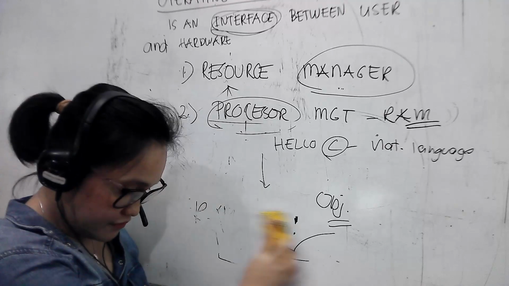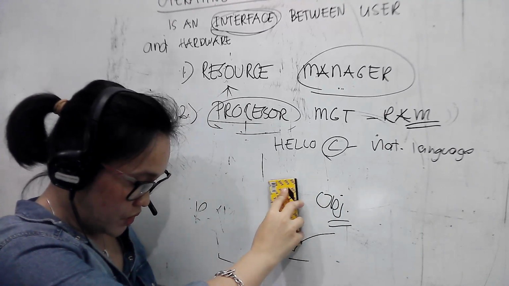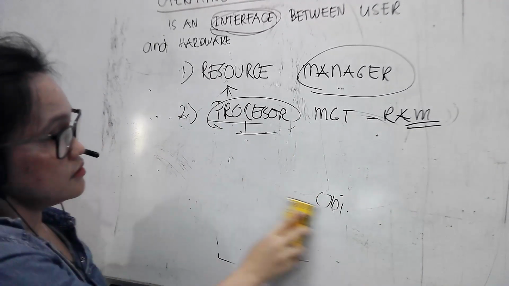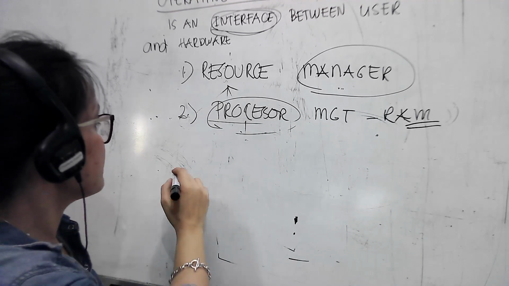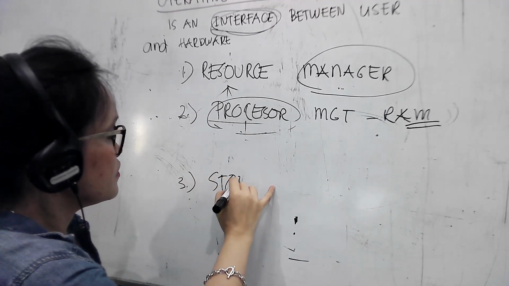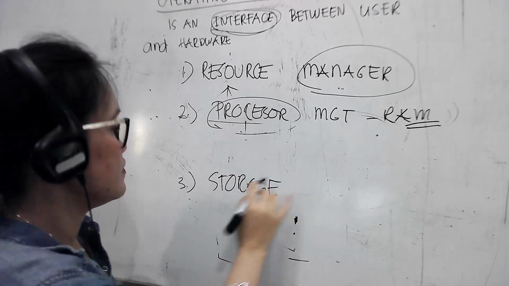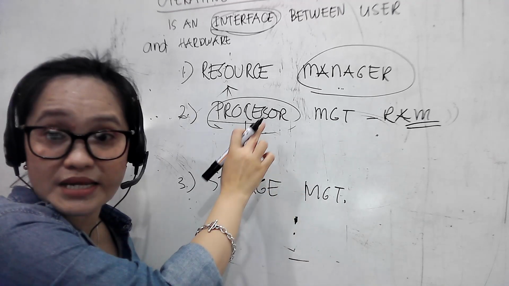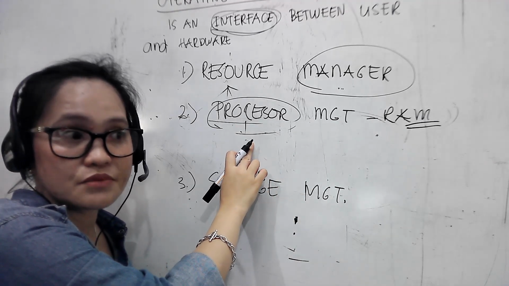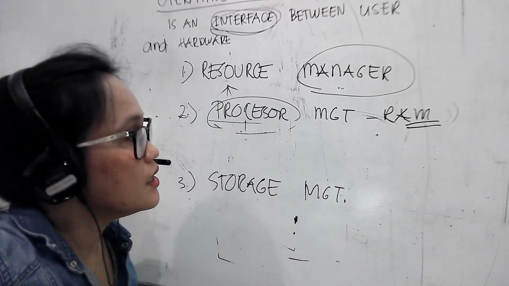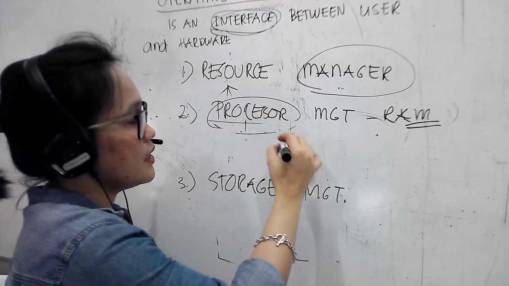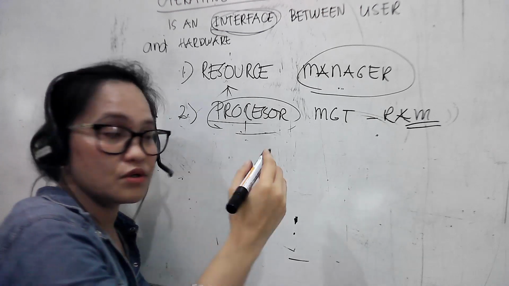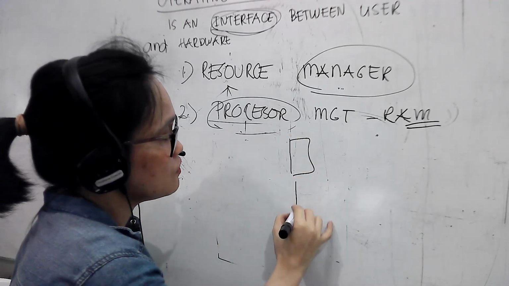And then we also have storage management. Now, before going to storage management, let me give you one practical example for processor management. Let's say there are computers at home or in the laboratory.